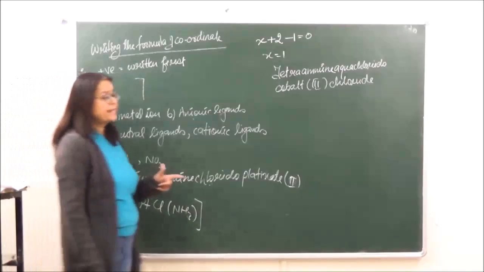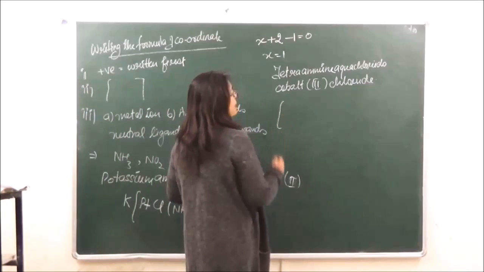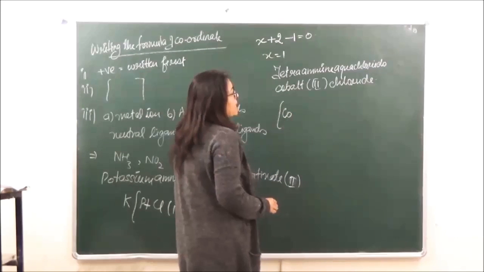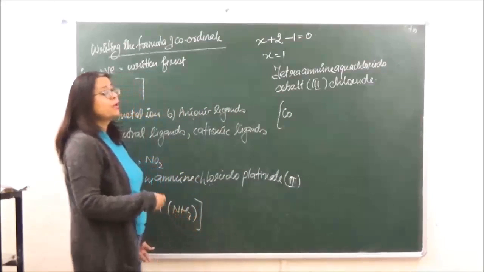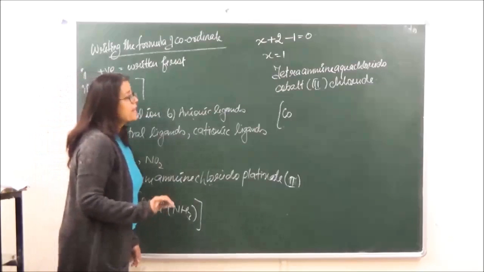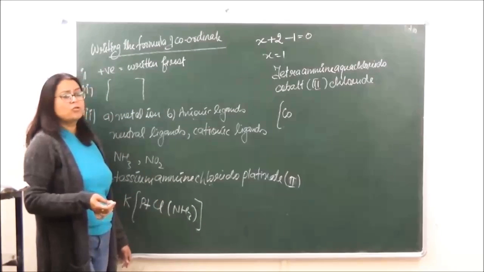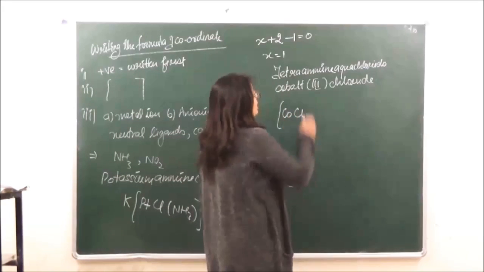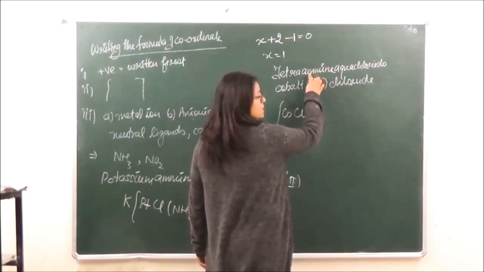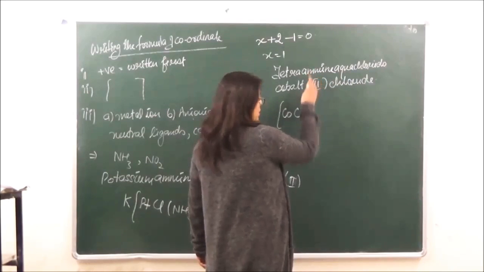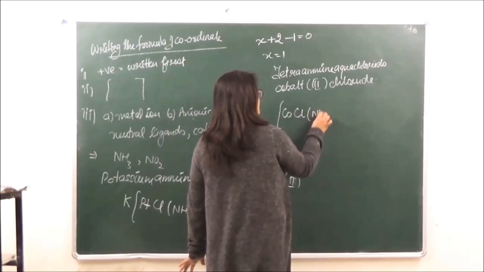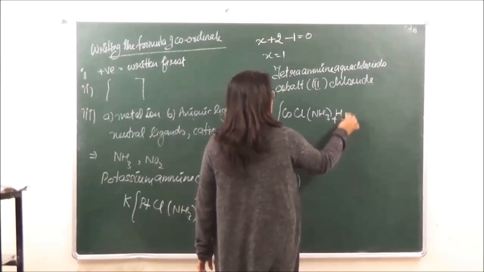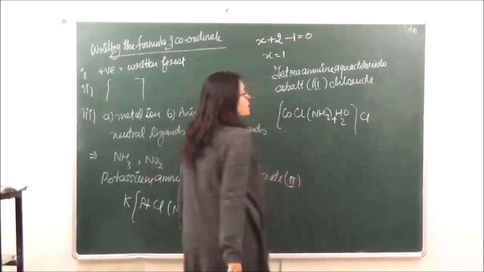So पहले आप coordinate entity यहाँ पे formulate करोगे inside the bracket. The metal atom which is present is cobalt. We have tetraamine, aqua and chlorido. अब यहाँ पे tetraamine, amine and aqua they both are neutral ligands. Anionic ligand कौन सा हो गया? Chlorido. Amine और aqua में we will first place amine according to alphabetical order. So we have tetraamine NH3 whole 4 and then aqua H2O and the counter ion is chloride.